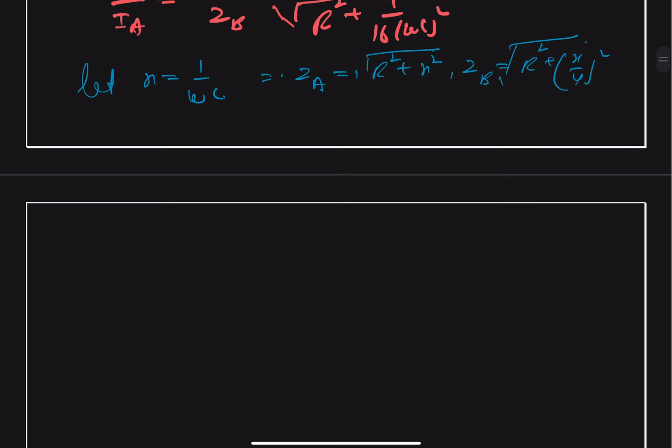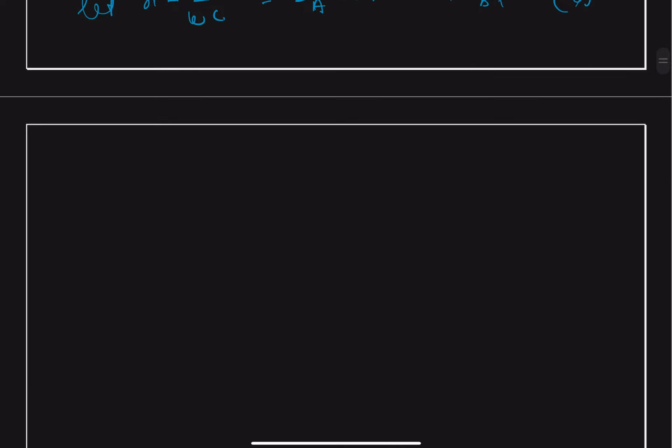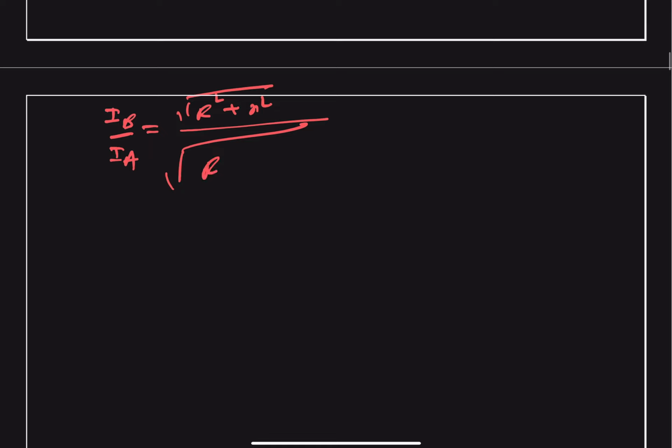Substituting the respective values, we get the ratio IB upon IA equal to the square root of R square plus x square, divided by the square root of R square plus x square upon 16.